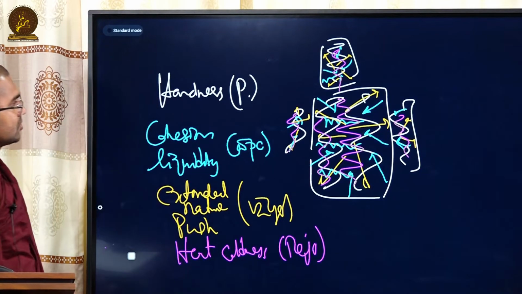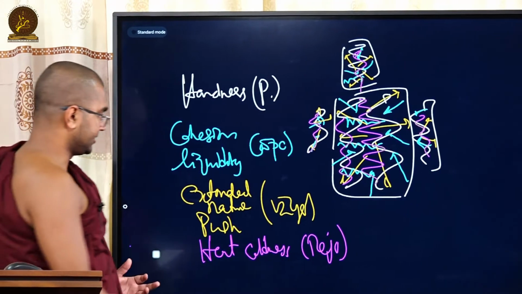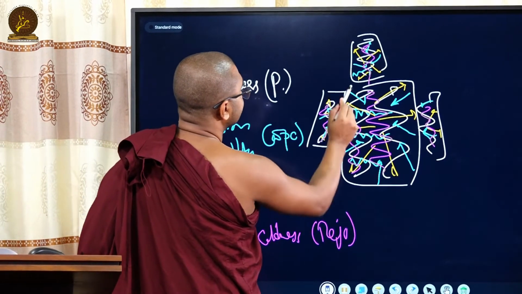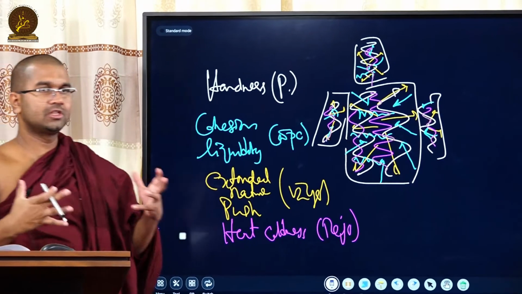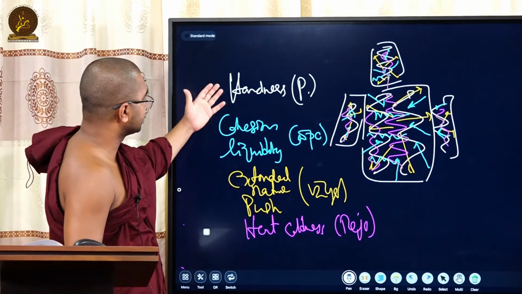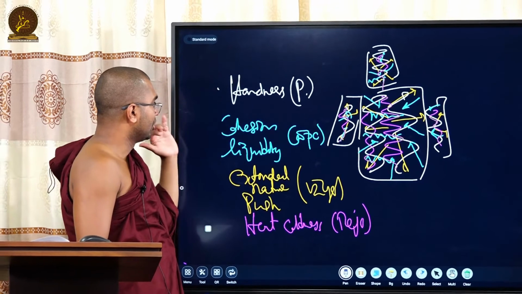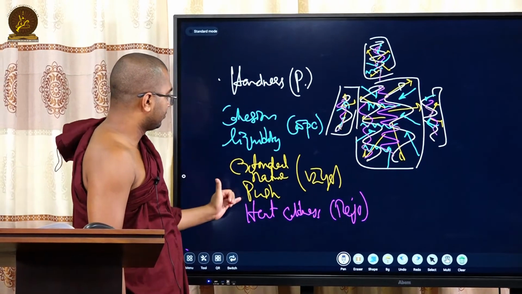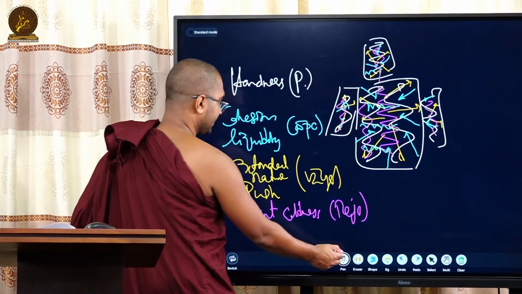Right? So what we are supposed to do in our four great element meditation is to focus on these qualities one after another. Focus on either hardness or the cohesion, bonding nature, or the liquidity, or extended nature, push or heat, right?